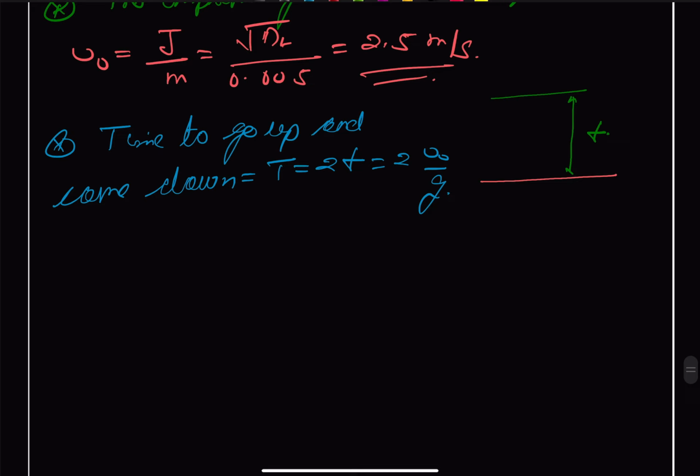So capital T will be equal to 2 times 2.5 over g, which is 10. This comes approximately as 0.5012 seconds. Now we can easily find out the number of rotations.